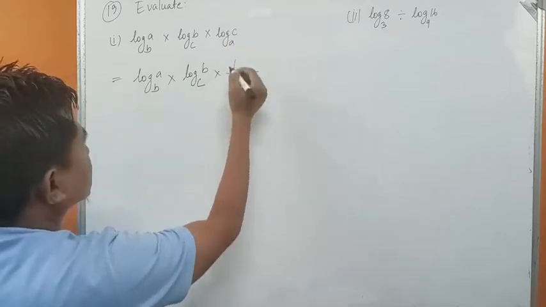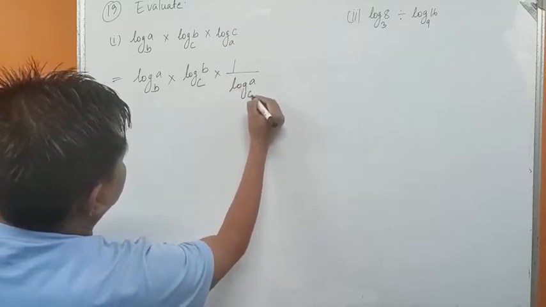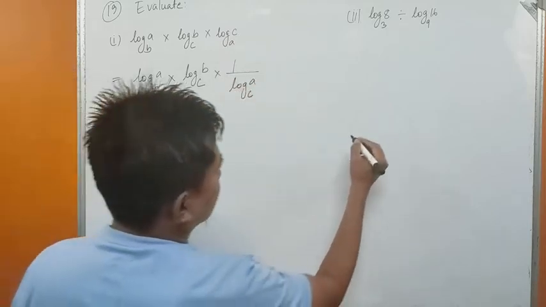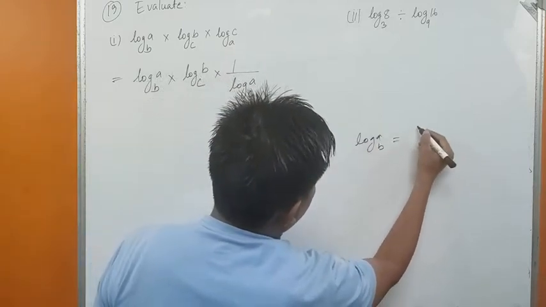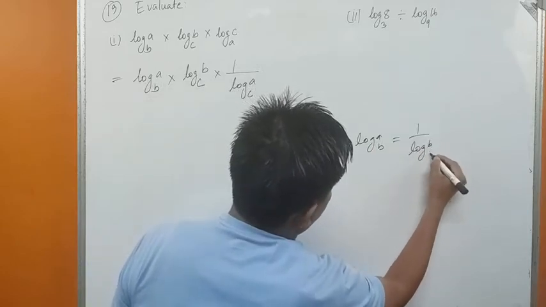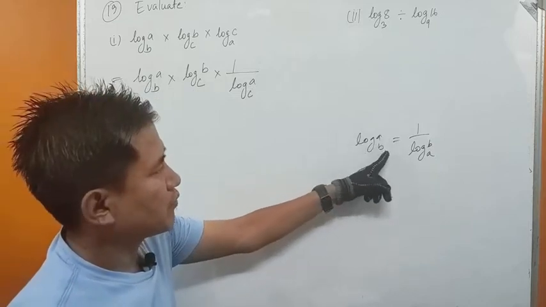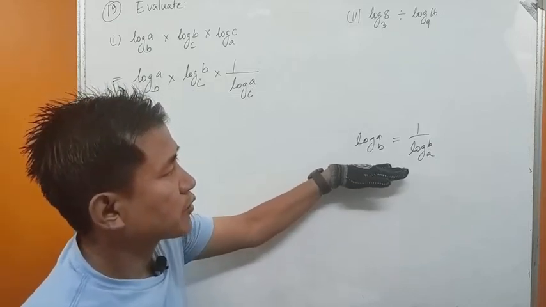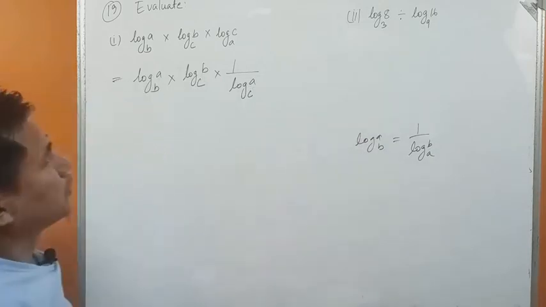Log c to the base a becomes log a to the base c. It changes, the log and base change if I take the number from the numerator to the denominator. Okay, so I hope you got this.